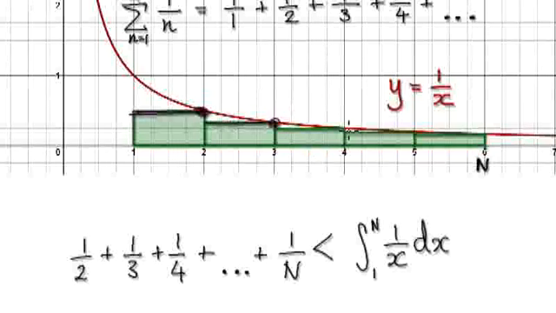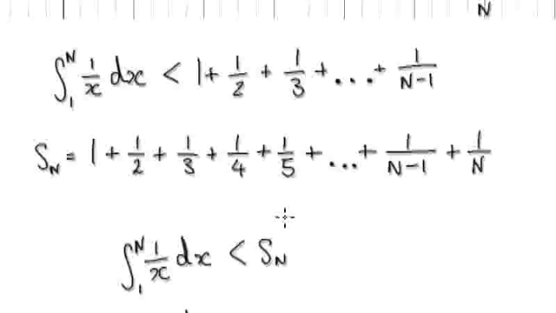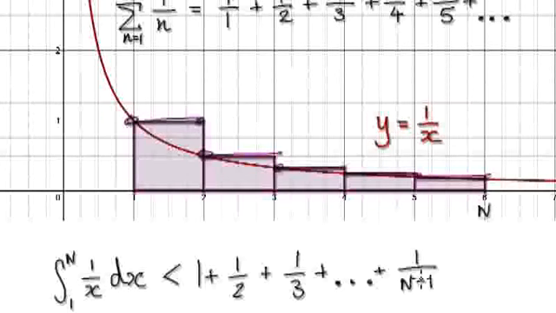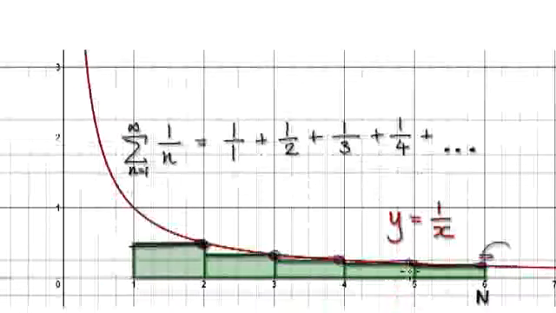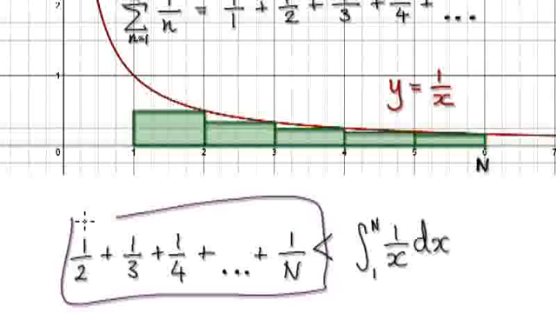So the last one would be 1 over n. But Riemann's upper sum would be you starting from the left, moving to the right, so the last term would be 1 over n minus 1. But Riemann's lower sum, the last term would be 1 over n. I hope you can follow that.